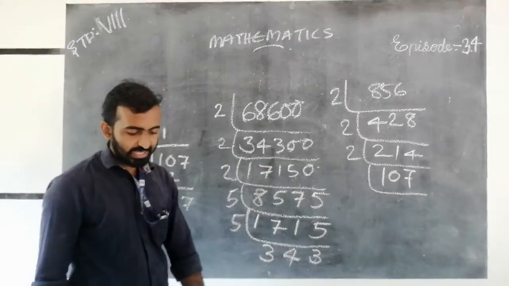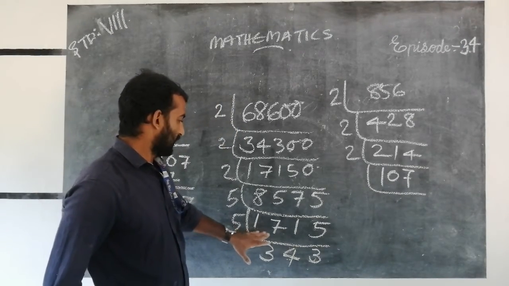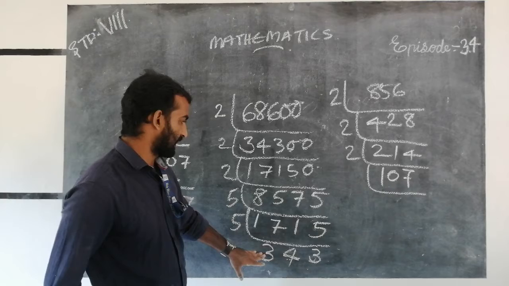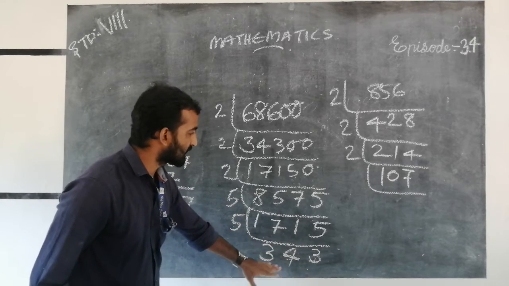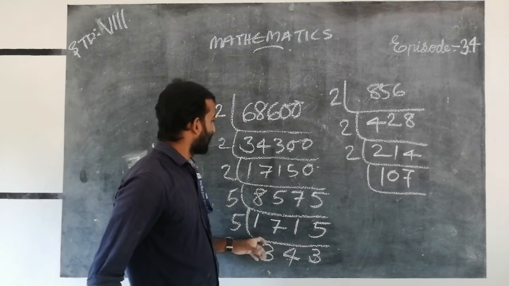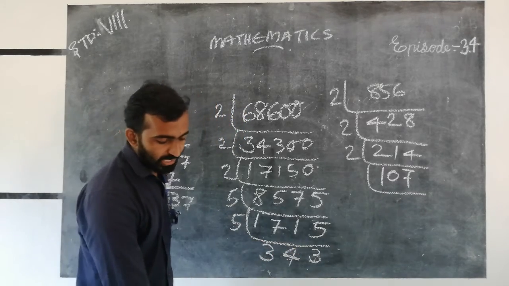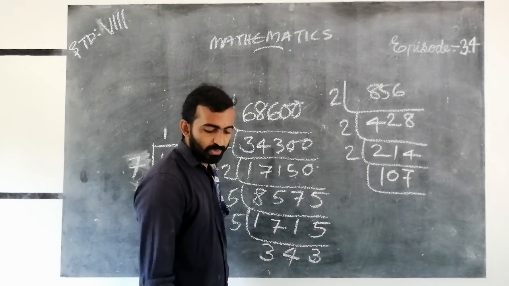Is it? Yes. We get 1 17 3 times, that is 21 in 4 times, and we get 15, that is also 5. Is it? In your textbook it is given 2 into 2 into 5 into 5.